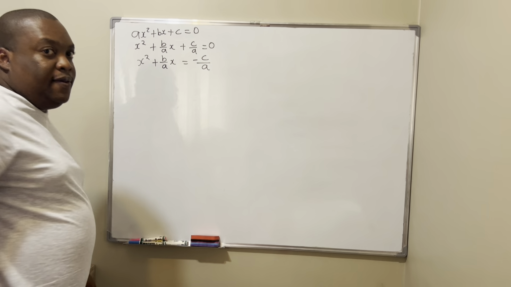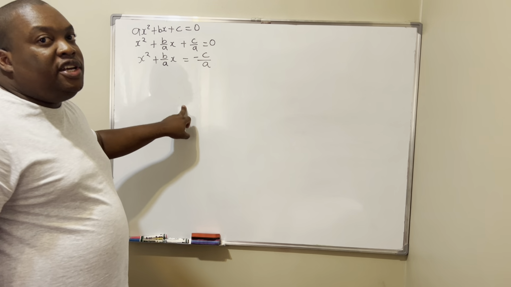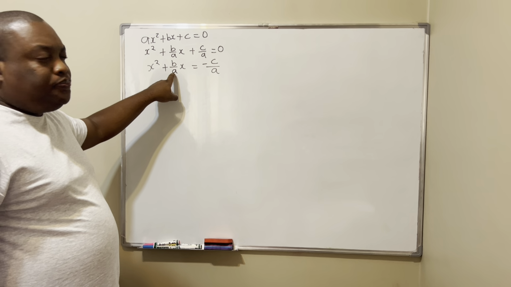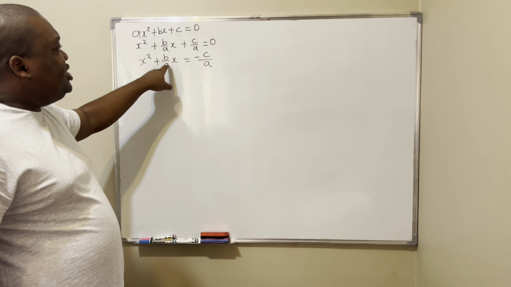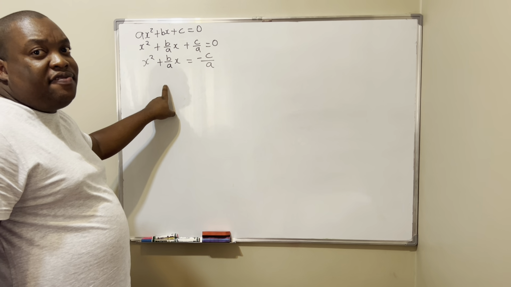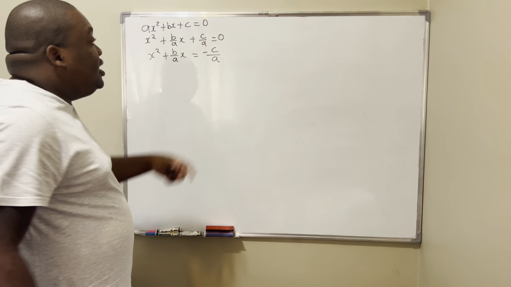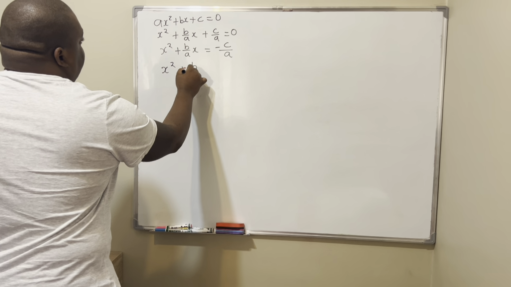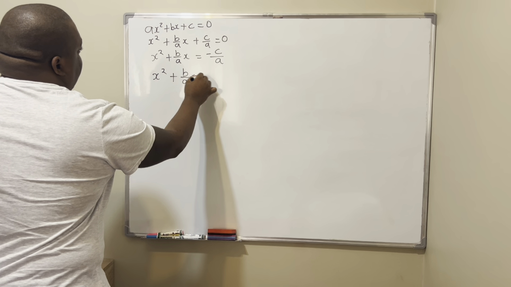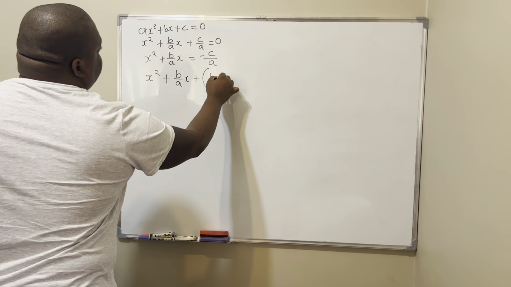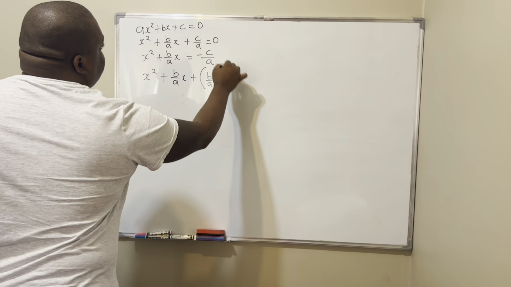over a. Now the next thing we need to do is look at the coefficient of x, which in this case is b over a. We need to multiply it by half and then square it. So we'll have x squared plus b over a x plus b over a times half all squared.